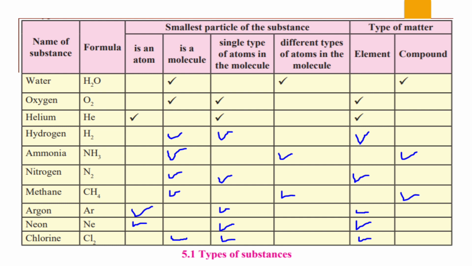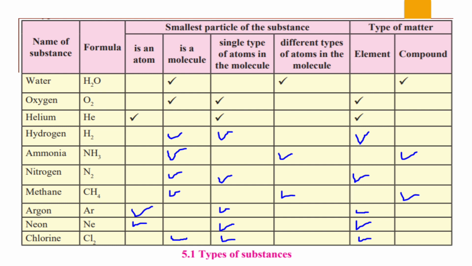No. So only oxygen is involved and hence it is a single type of atom in the molecule. When the molecule is formed by the combination of a single type of atom, it is called an element. So here only a single type of atom is combined and hence it is an element and not a compound.